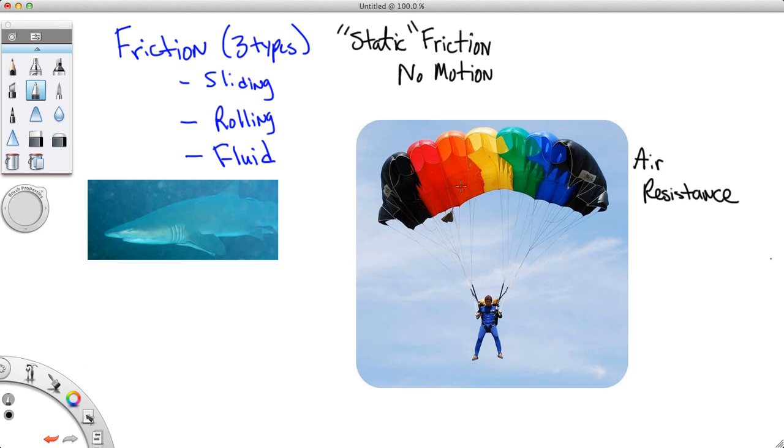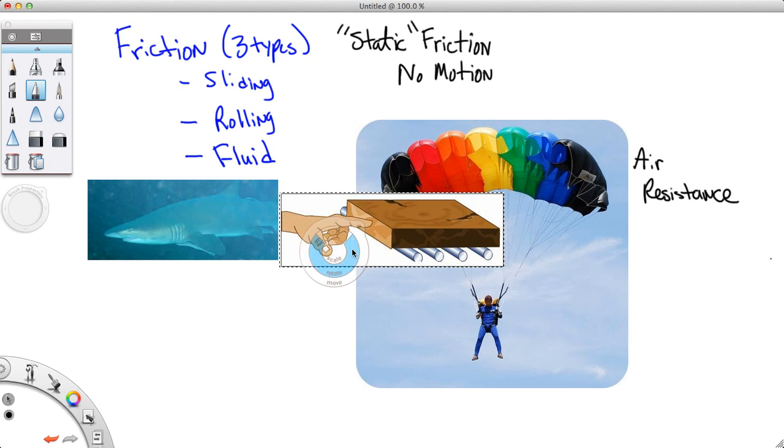Without the parachute, the skydiver does not have enough air resistance in order to slow his fall. The parachute increases his air resistance. It doesn't decrease it, it increases it. Air resistance is what slows the skydiver down. Important to know that it's a type of fluid friction, and therefore it gets its own name.